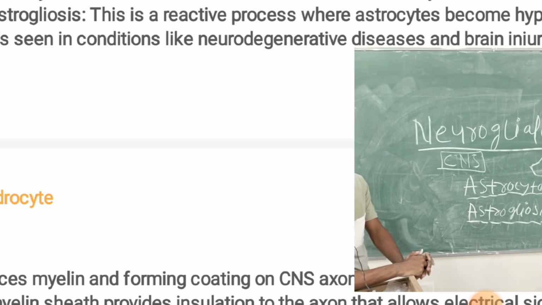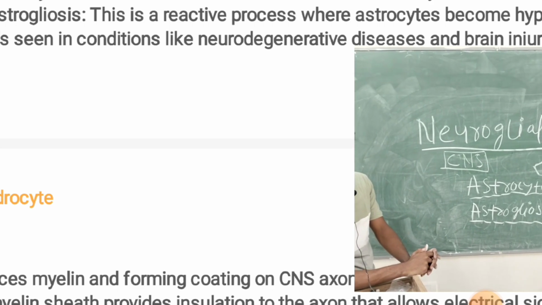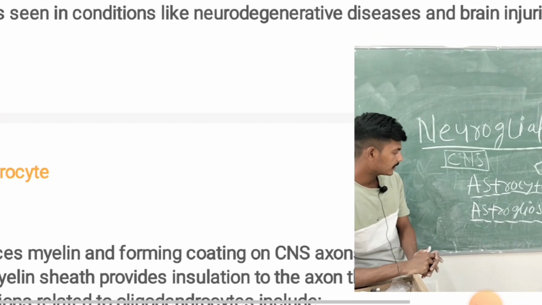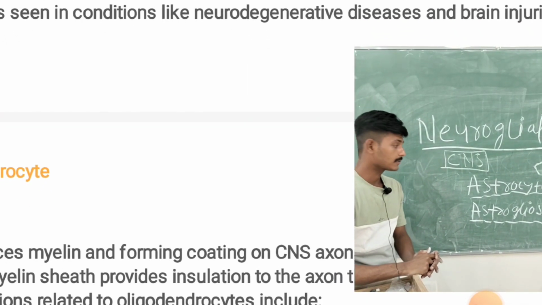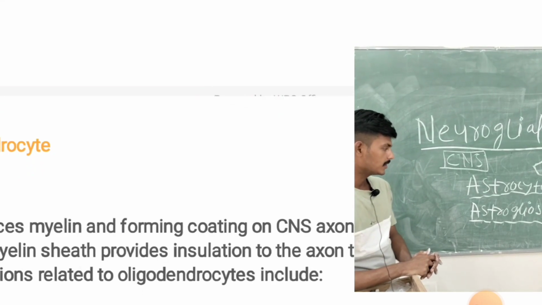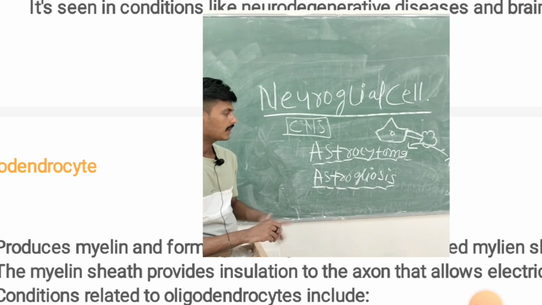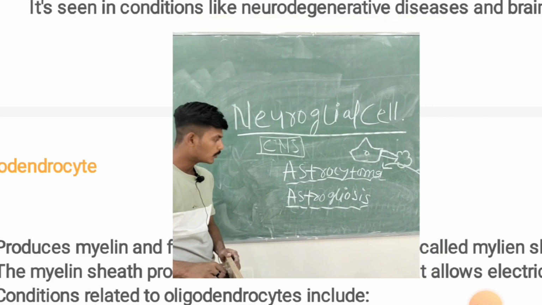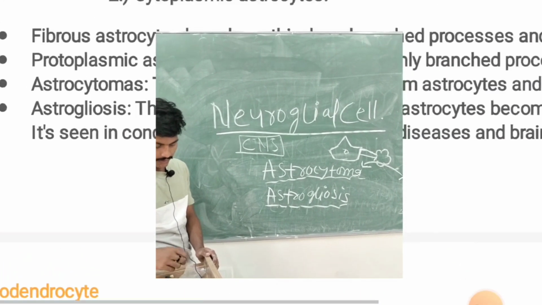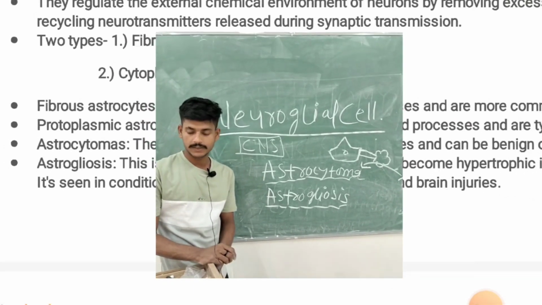It's seen in conditions like neurodegenerative disorders and brain injury. What happens when there is brain injury or some neurodegenerative disorder is that the astrocytes become hypertrophic, or we can say overfunctional.